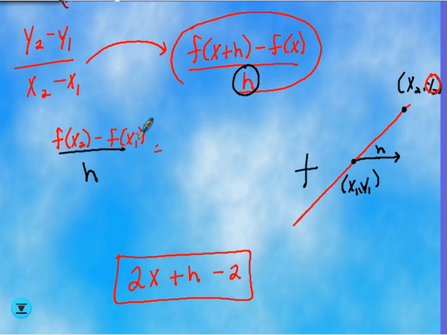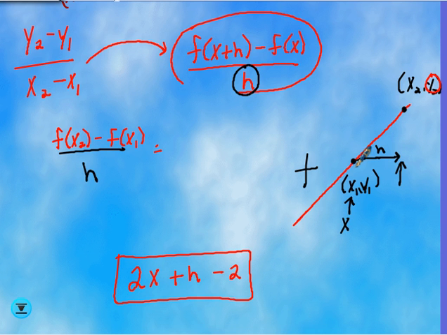Let's clean it up just a little bit more. This is how we're going to set our graph. This first x here is going to be like a starting x. Instead of x1, we're just going to let that be our original x. And this x2, think about it, x2 is located here.